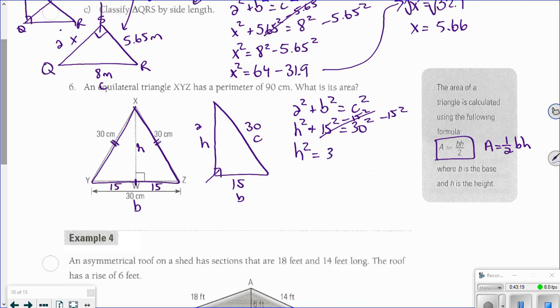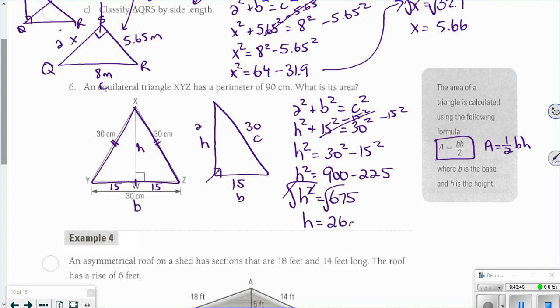H squared equals 30 squared minus 15 squared. So H squared equals 900 minus 225. H squared equals 675. Square root of both sides, so cancels. H equals 26 centimeters.